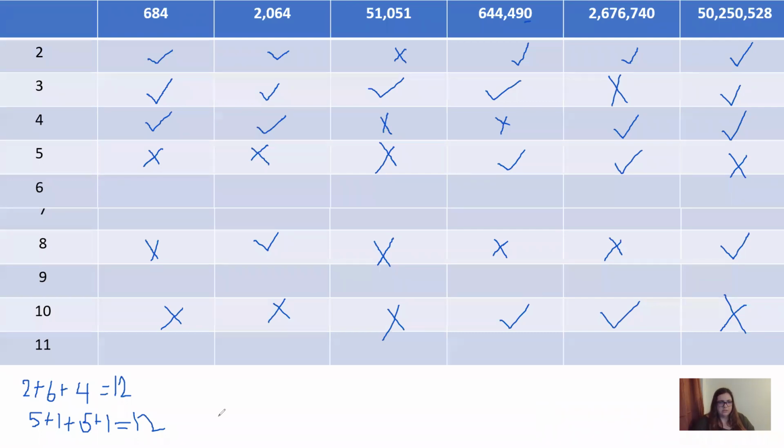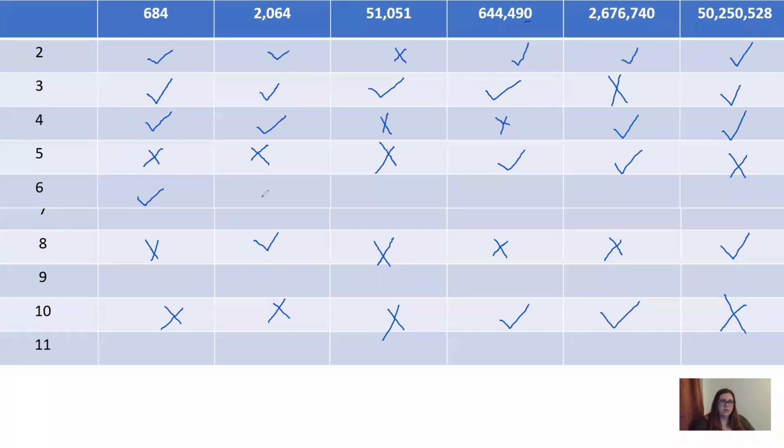Let me erase these. Okay. Let's do 6. If the number is divisible by 2 and 3, then the whole number is divisible by 6. So 684 was divisible by 2 and 3. So yes for the 6.